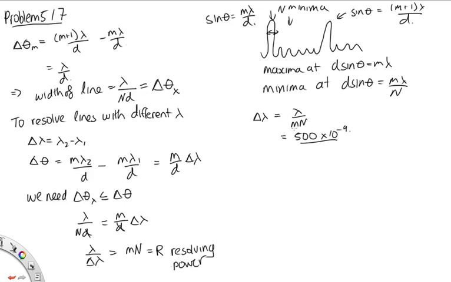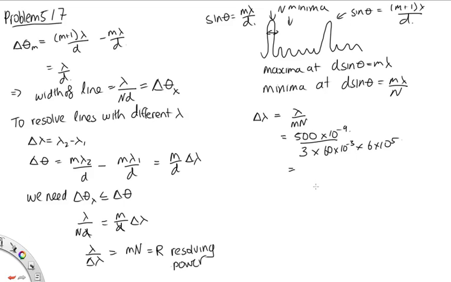We're told that these are third order maximum, so m is 3, and N is the number of lines in the diffraction grating. Our diffraction grating is 60 millimeters wide, and we've got 6 times 10 to the 5 rulings per meter. So multiplying these two together will give us the number of lines in the diffraction grating.